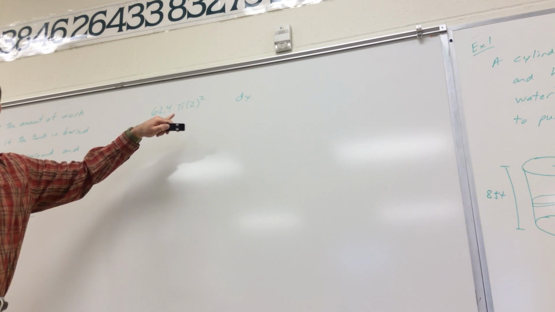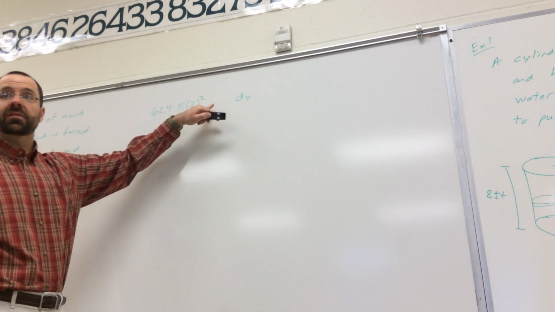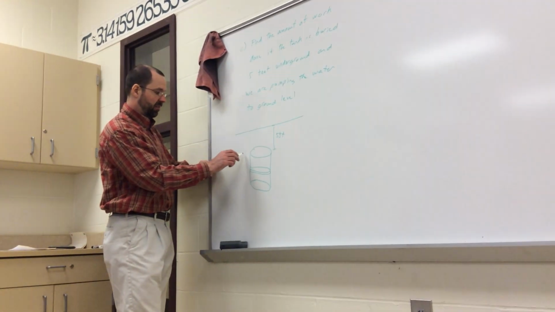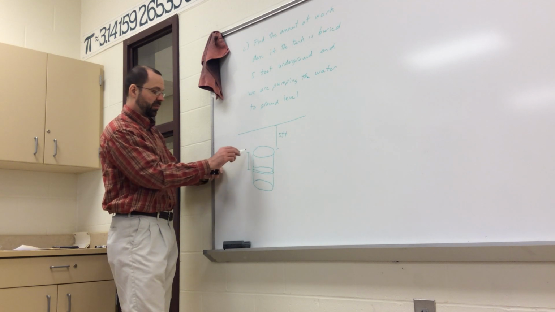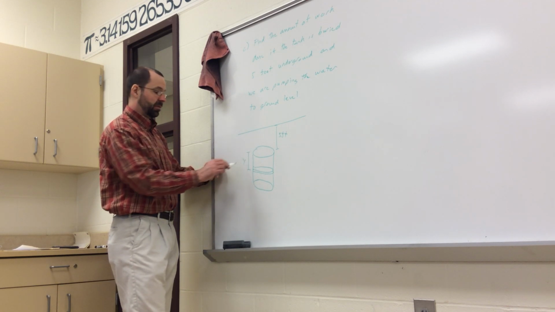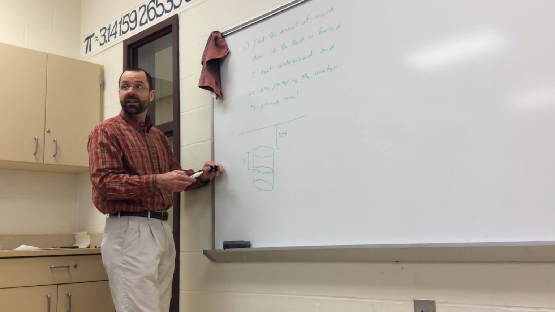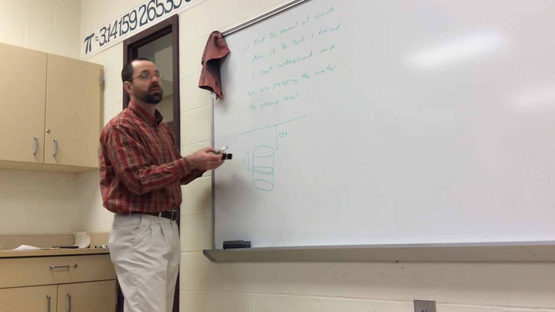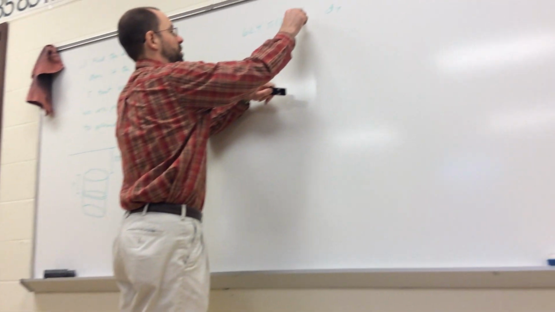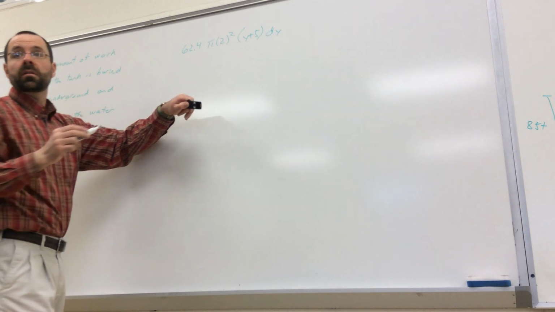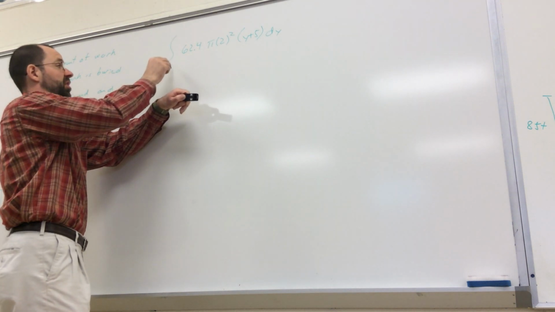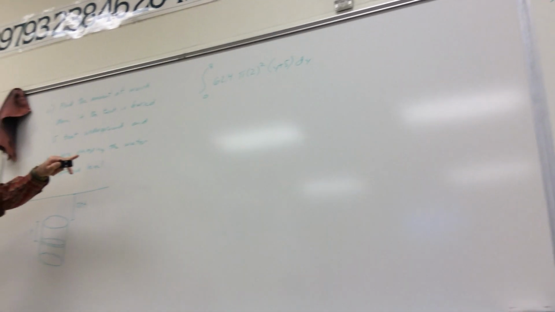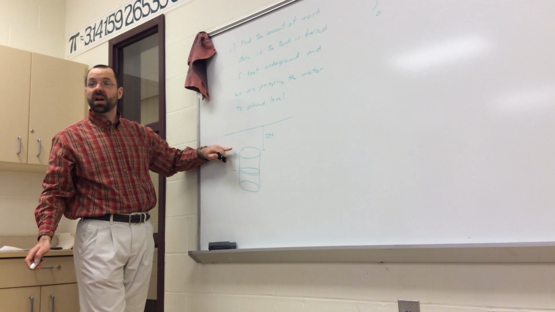So that's my force. Now I just need to multiply it by a distance. So I have a choice to make here. I can make y represent the distance from the top of the tank down. And if I do that, then I'm going to move the water y plus 5. And then the water exists from 0 to 8, if I make that choice, where y represents from the top of the tank down.